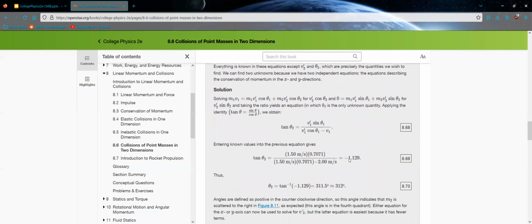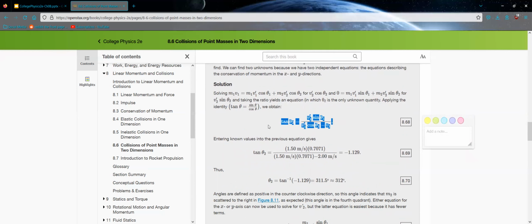You're not going to have to do this necessarily at the beginning. My suggestion to you is, if you look at this, you're like, tangent of theta 2, what's that all about? Write out your equation showing up here at the top and plug that into your overall concept of initial momentum.